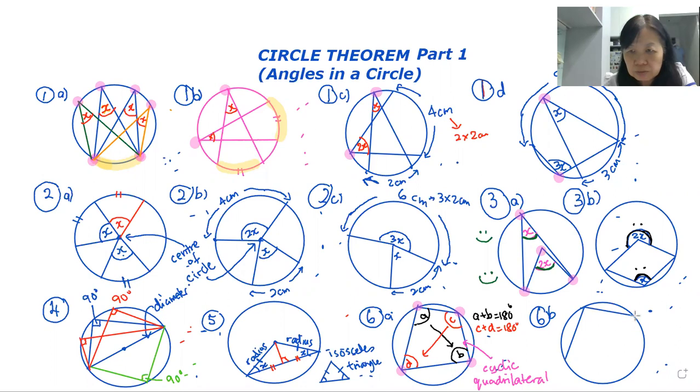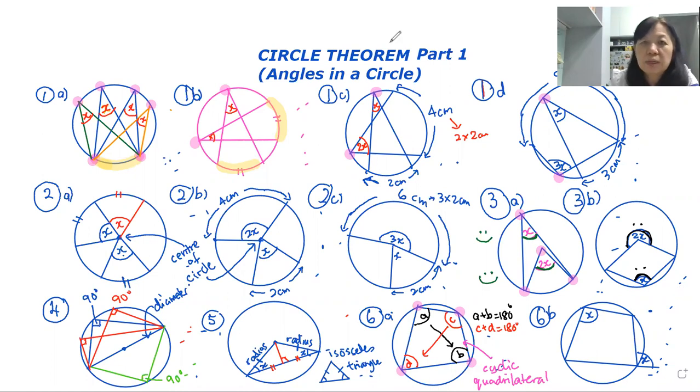Remember, all the vertices will touch the circumference. If I extend this line here, we get a straight line. And I have this angle here, X. This angle will be the same as this one opposite here, this angle X.